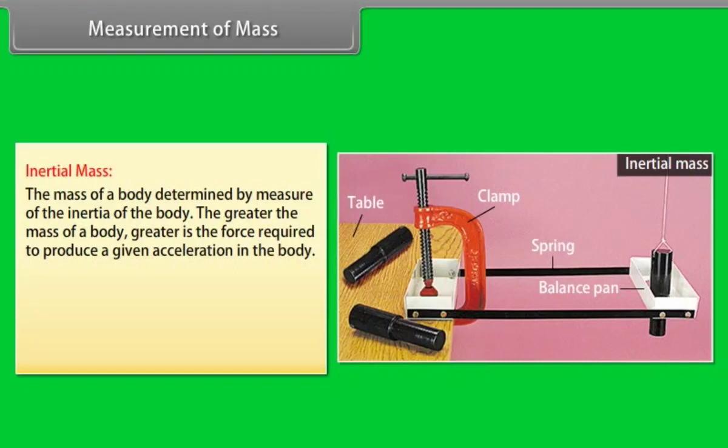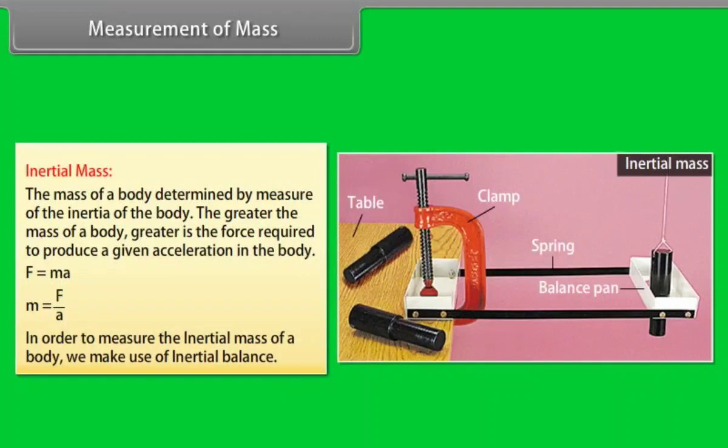The greater the mass of a body, the greater is the force required to produce a given acceleration in the body. F is equal to ma, or m is equal to F upon a. Thus, a very heavy body has a larger inertial mass than a light body.